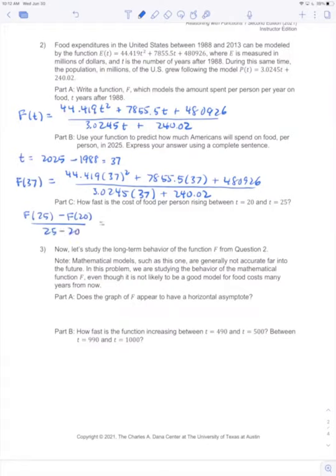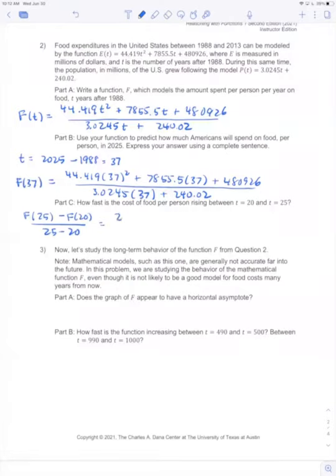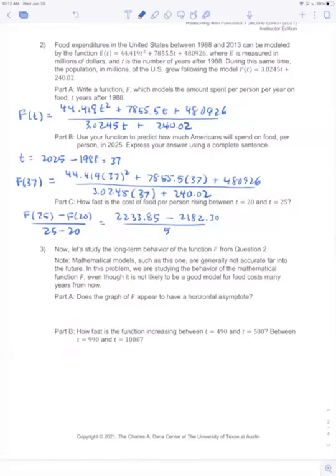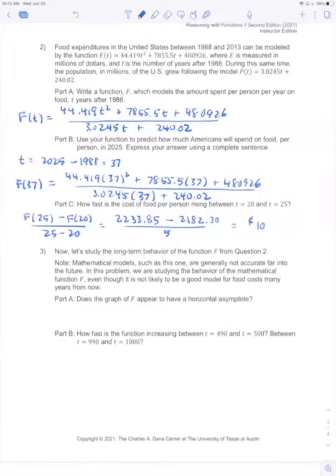So if we do all the number crunching, we'll get 2233.85 minus 2182.30, and then the denominator, easy, that's just 5. And when we figure this out, the answer is going to be in dollars, and it's going to be $10.31 per year.